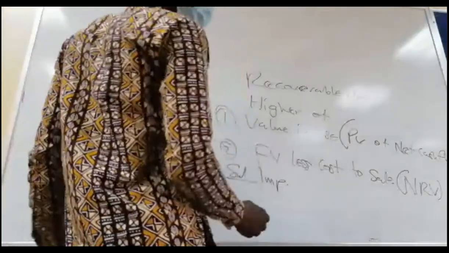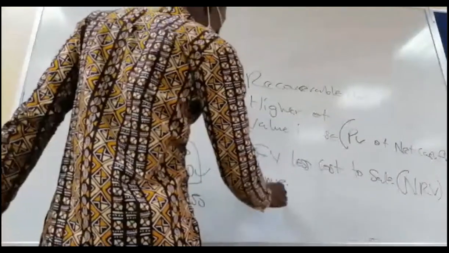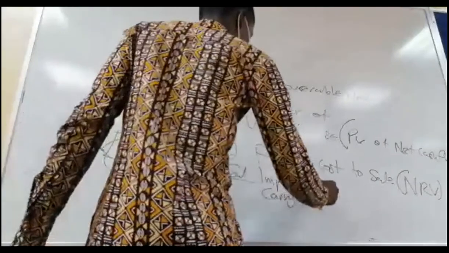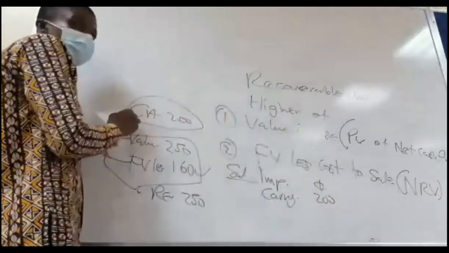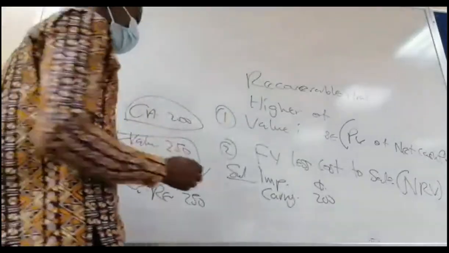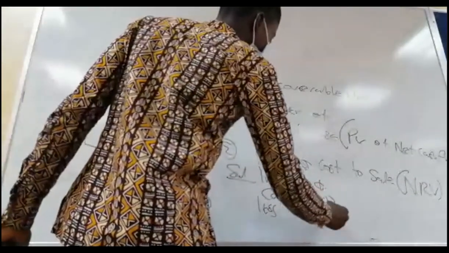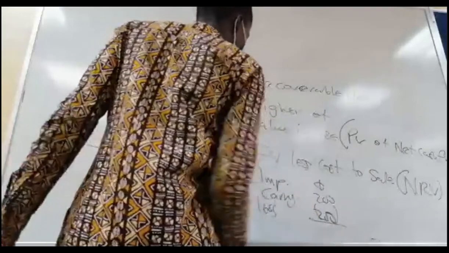The impairment, if any: the carrying amount of the asset is still 200, less the recoverable amount of 250. So here you get a negative.